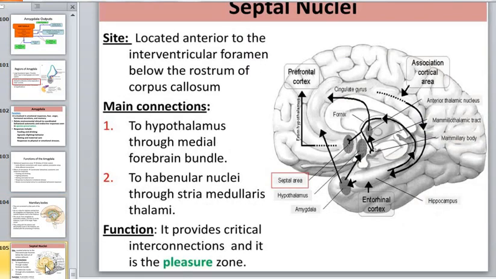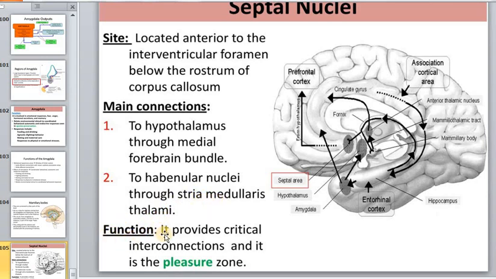Septal nuclei are located anterior to the interventricular foramen and belong to the rostrum of the corpus callosum. The main connections of the septal area are to the hypothalamus through the medial forebrain bundle, and to the habenular nucleus through the stria medullaris thalami.